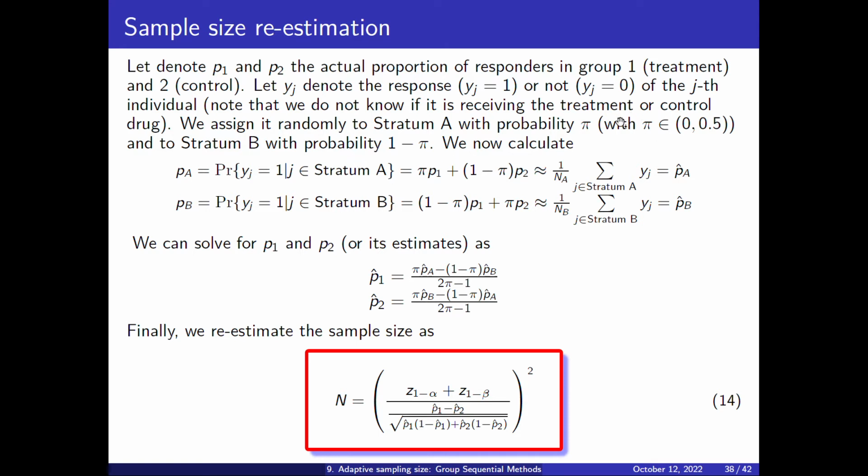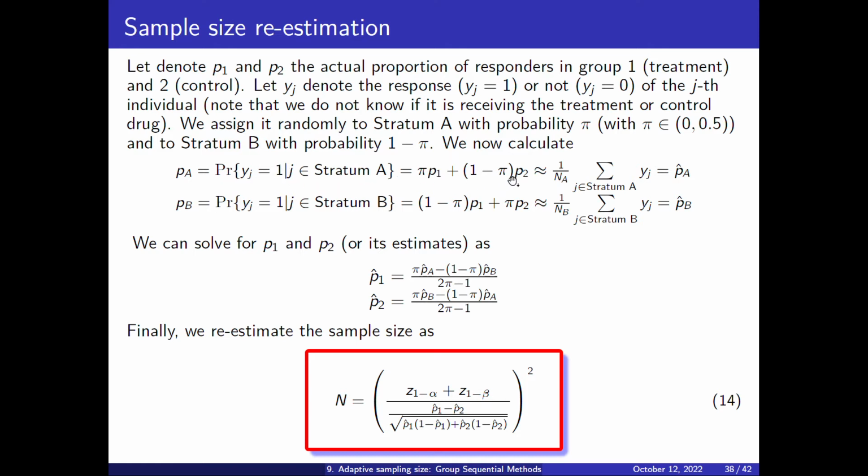So we will assign it to stratum A. At that point we will make it in two parts: stratum A with probability pi, this pi is a number between 0 and 0.5, and stratum B with probability 1 minus pi. So the probability of responding in A is this one.